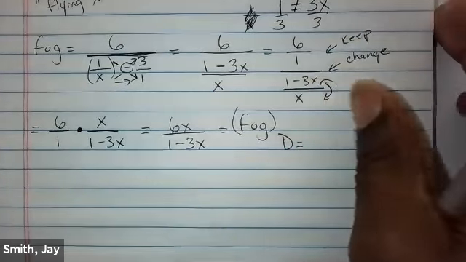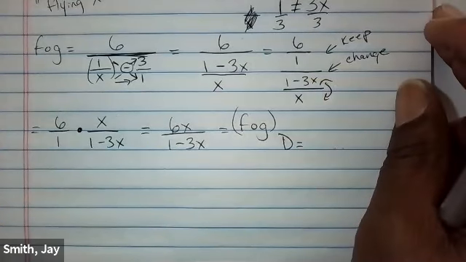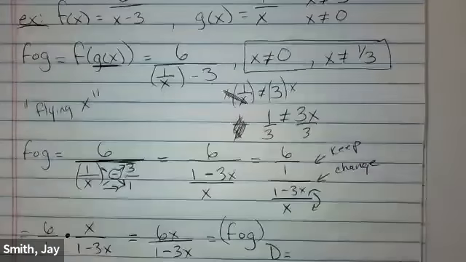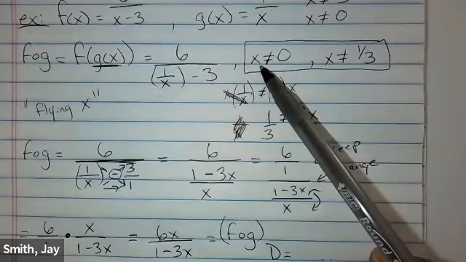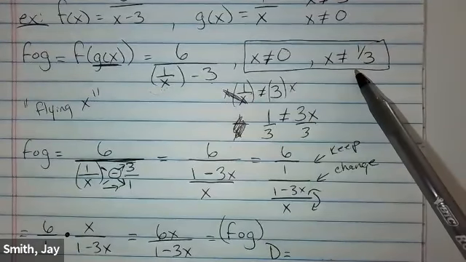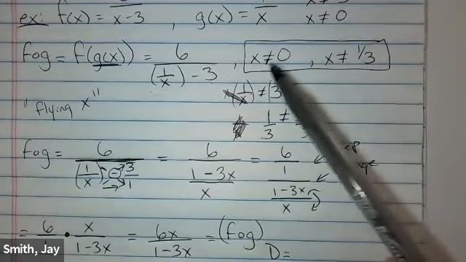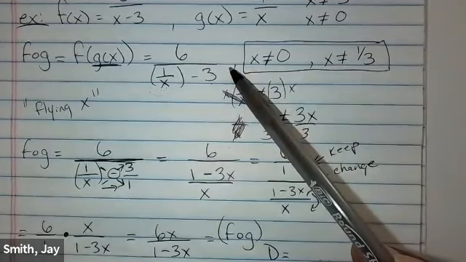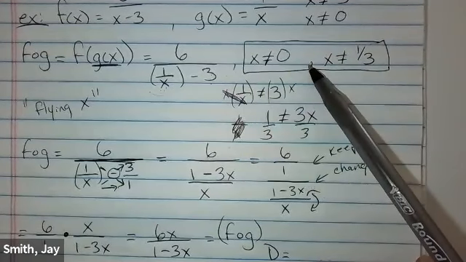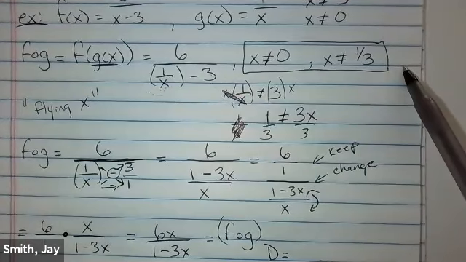Now the domain for this particular function and the notation. Remember, we're excluding 2 values. Those values were 0 and 1/3. So we have 3 intervals: values less than 0, values in between 0 and 1/3, and then values greater than 1/3.